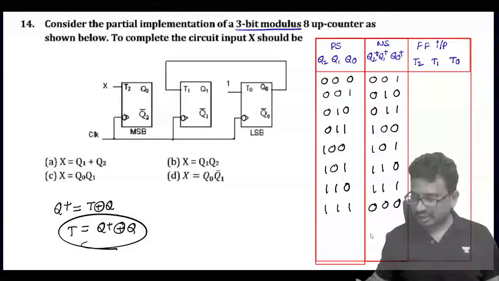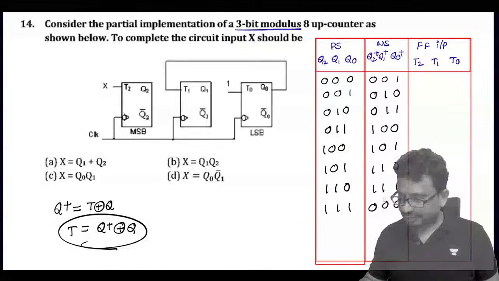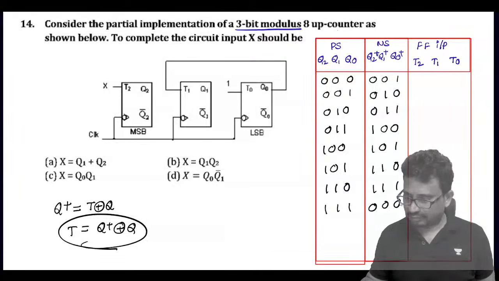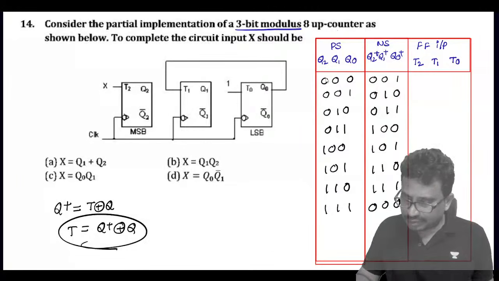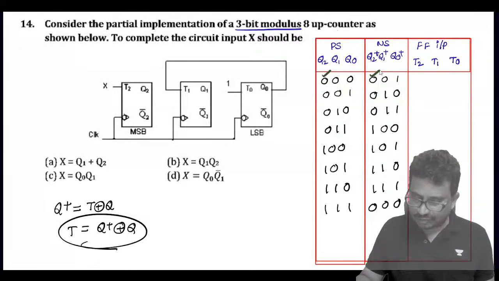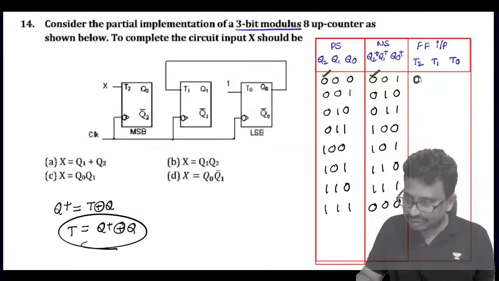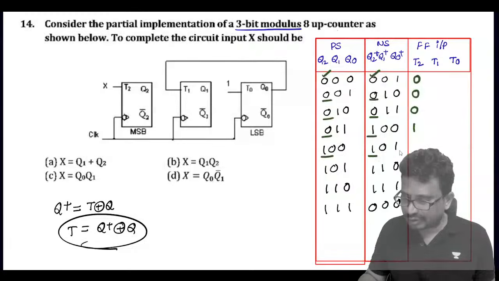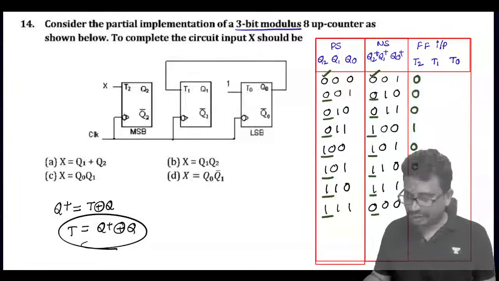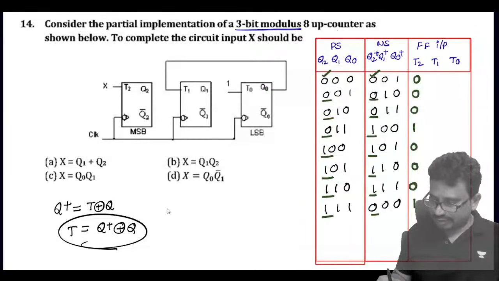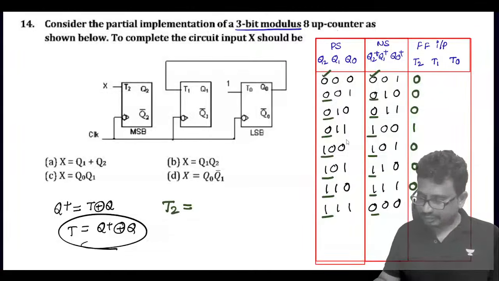Now let us see this thing. Tell me now what will come. Now here, XOR: 0, 0, 0 XOR 0, 0, 1 is 1. 1, 1. So that is 0, 1, 1. So 0, 1, 1, 0, 1, 0, 1. So what will I get, you tell me now, T2, which will come to be the min terms.